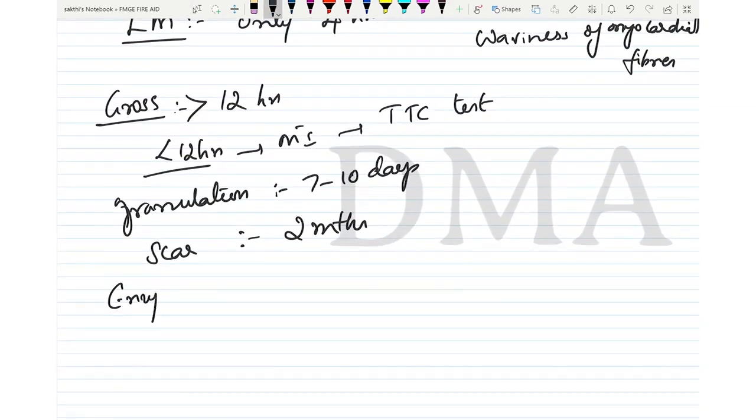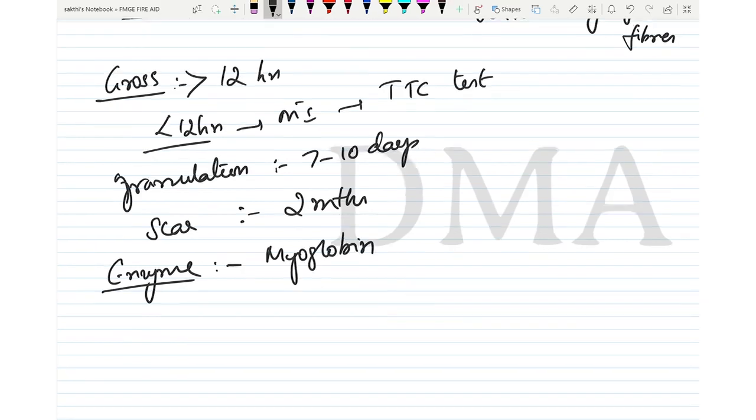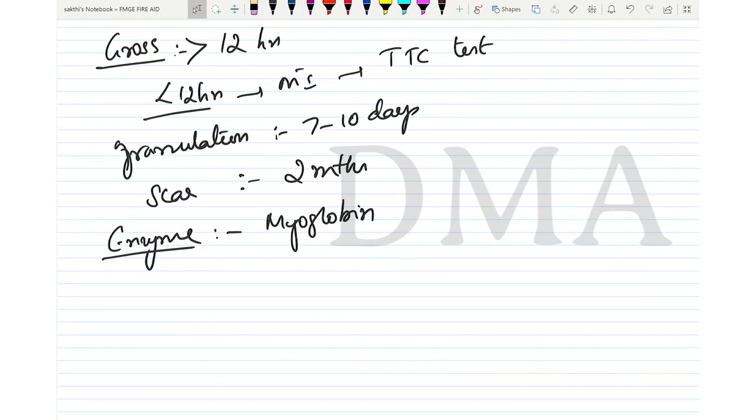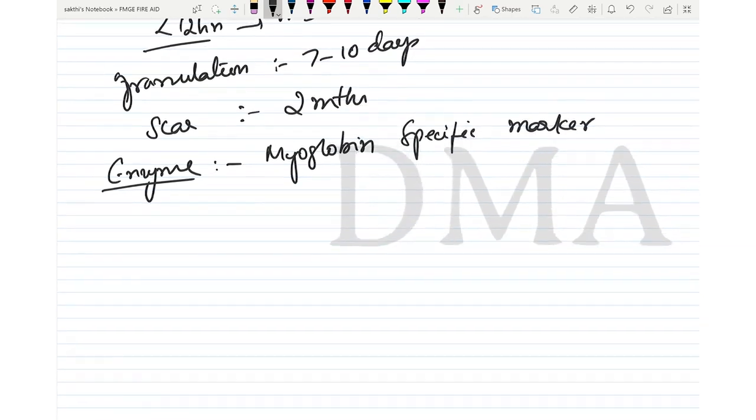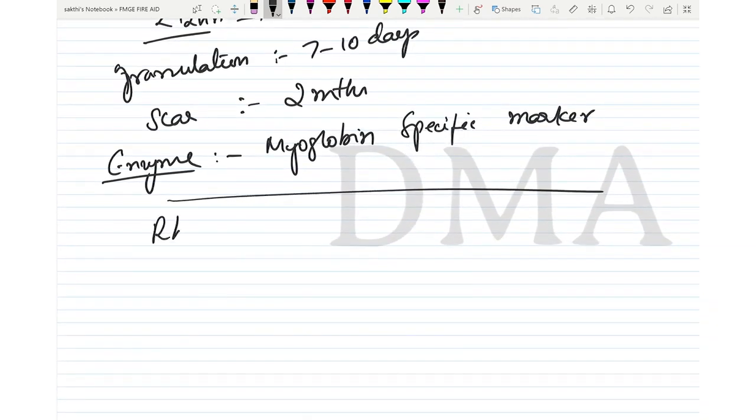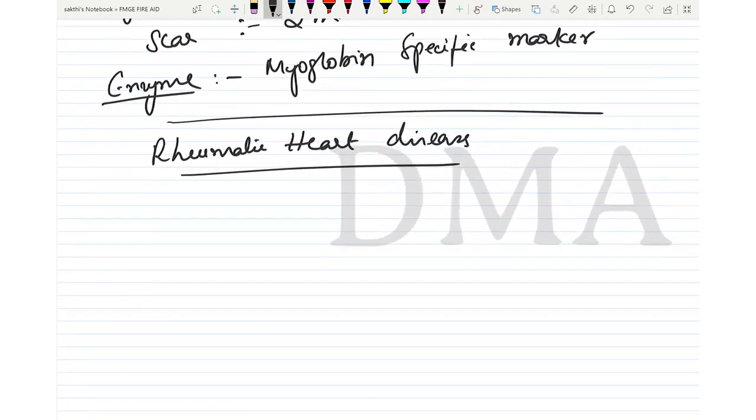Right. So next we are going to see rheumatic heart disease. Rheumatic heart disease is because of infection with beta hemolytic group A streptococcal bacteria. So what are the important morphological changes that can occur in the heart due to rheumatic heart disease?